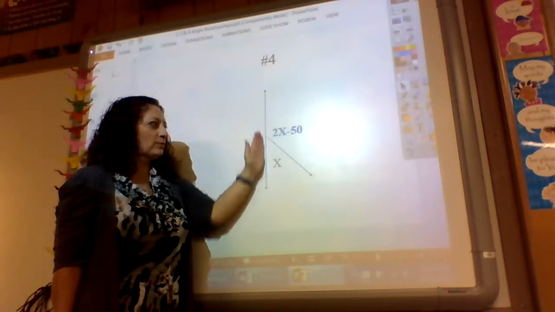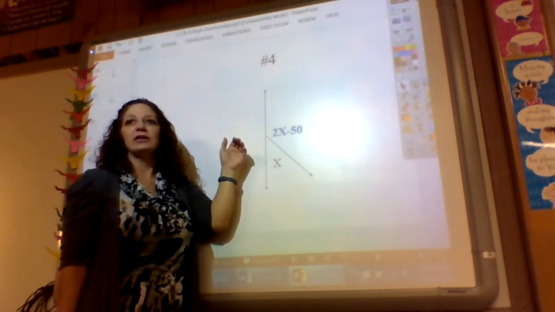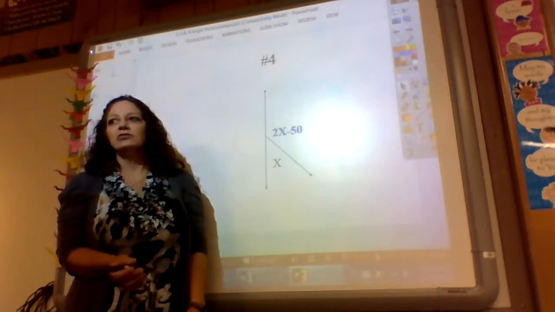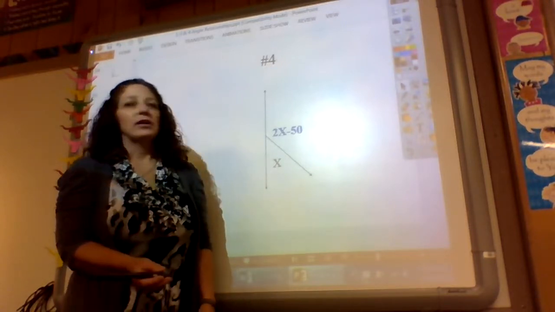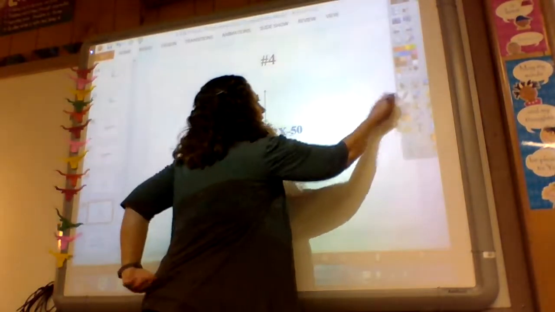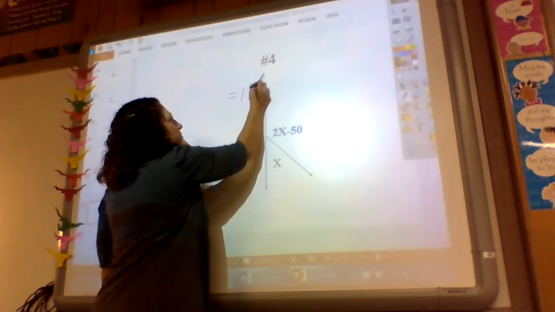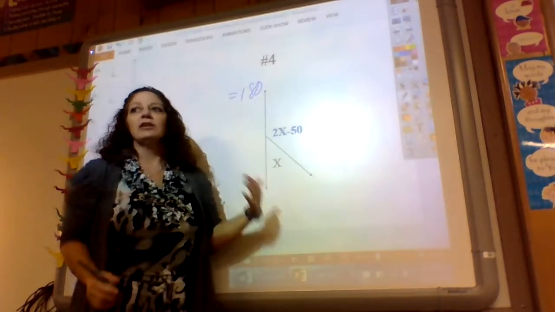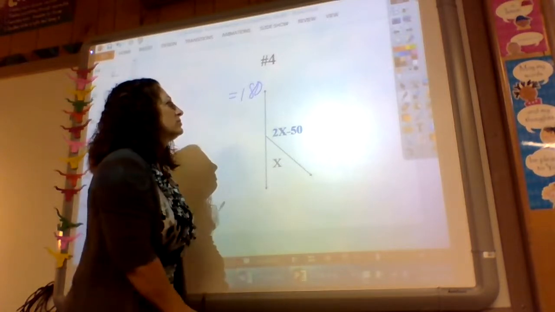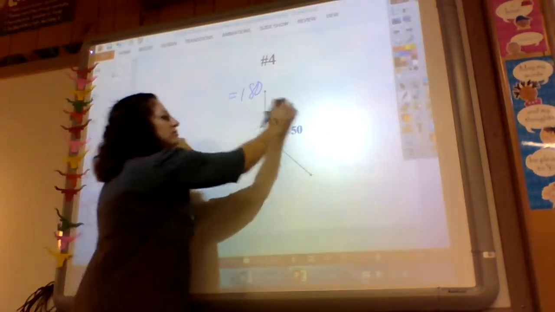Supplementary. Supplementary, so together they are a linear pair. They form a line. Supplementary means together they're going to total 180. I didn't really have to tell you that, right? From the picture, we can tell that that's 180. So I know that they will equal 180. Together, meaning what mathematically? Together. So, Tyson, join those together for me.